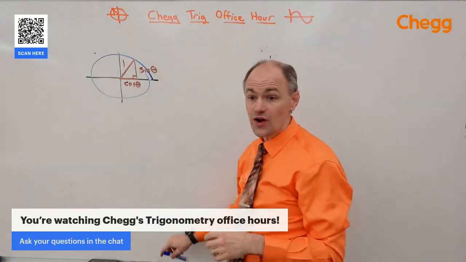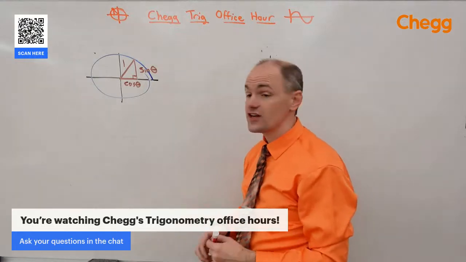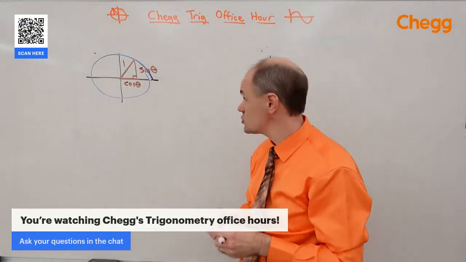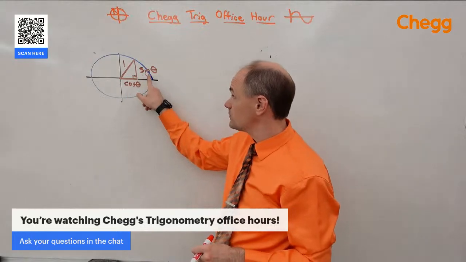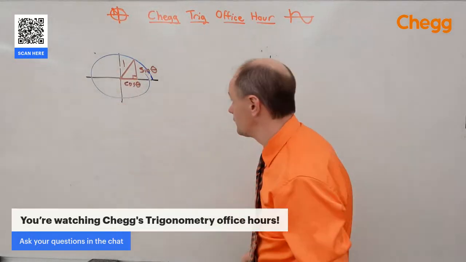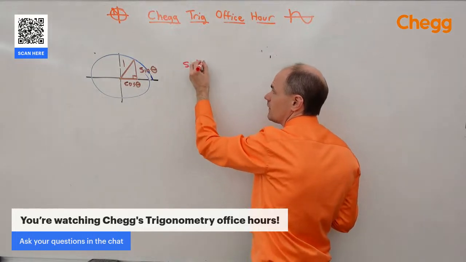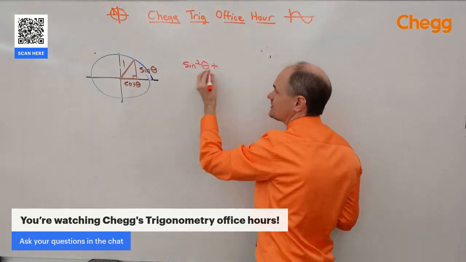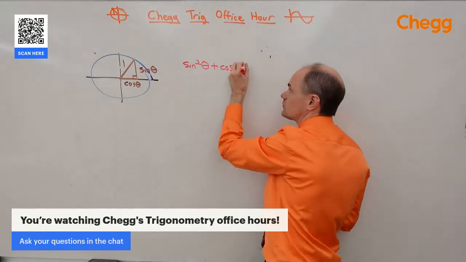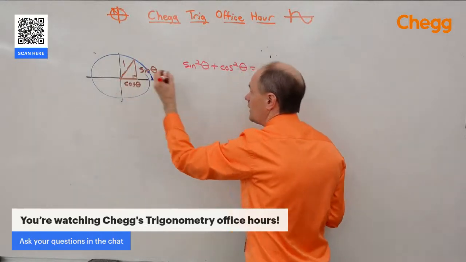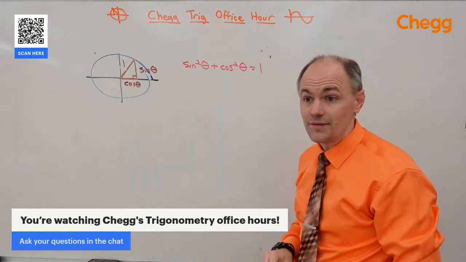But what's nice is from geometry, we know that a triangle has an important relationship, that a squared plus b squared equals c squared. So I can take this side squared, is going to be sine squared, plus that side squared, which is cosine squared, equals the hypotenuse squared, which is 1.